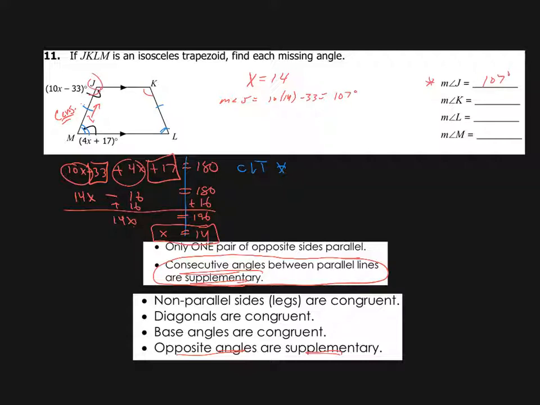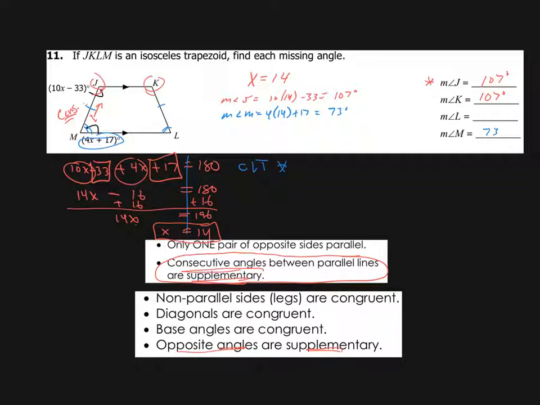And now J and K are the same, so this is 107 degrees. Then we come down for the measure of angle M is equal to 4 times 14 plus 17, right here. And that gives us 73 degrees. So the measure of angle M is 73 degrees.